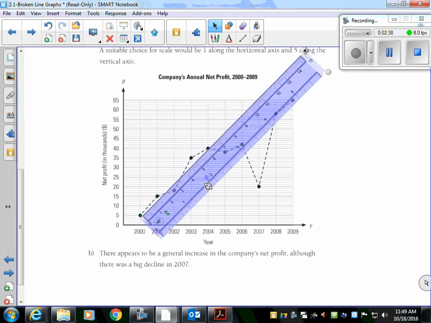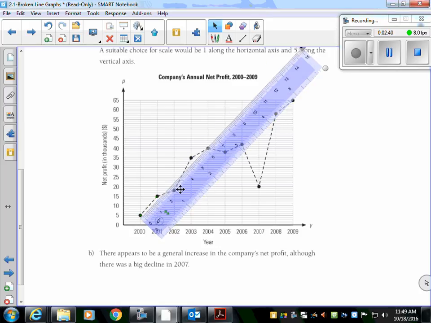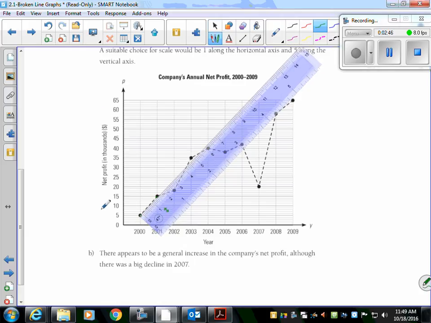Put it right on both dots. Bring your ruler in, both dots, and draw a dotted line. So dot, dot, dot, dot. Okay? We would do that for each and every point.